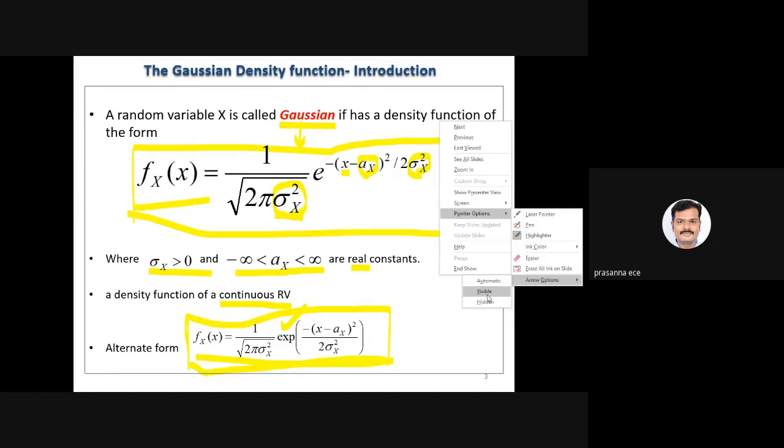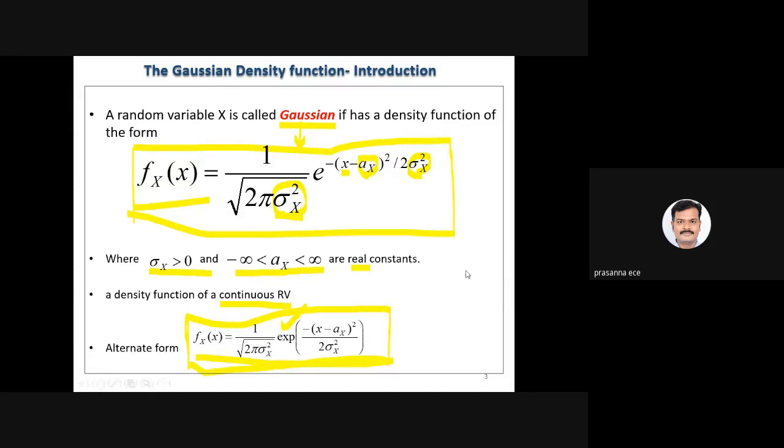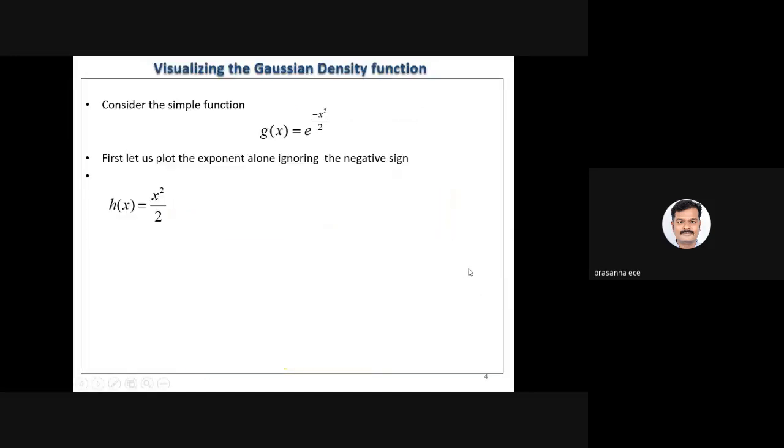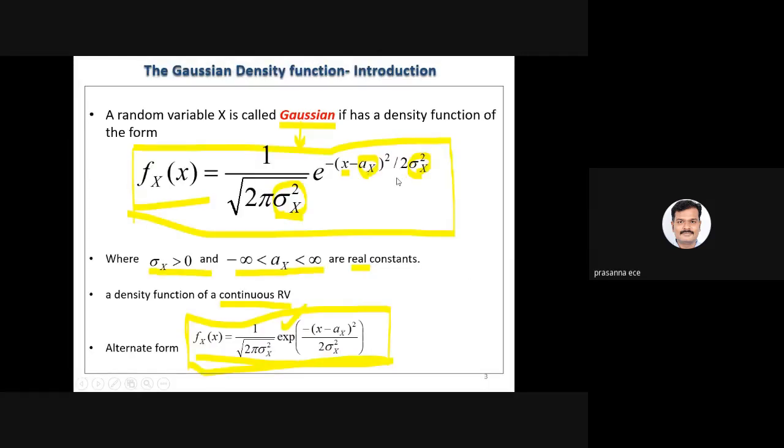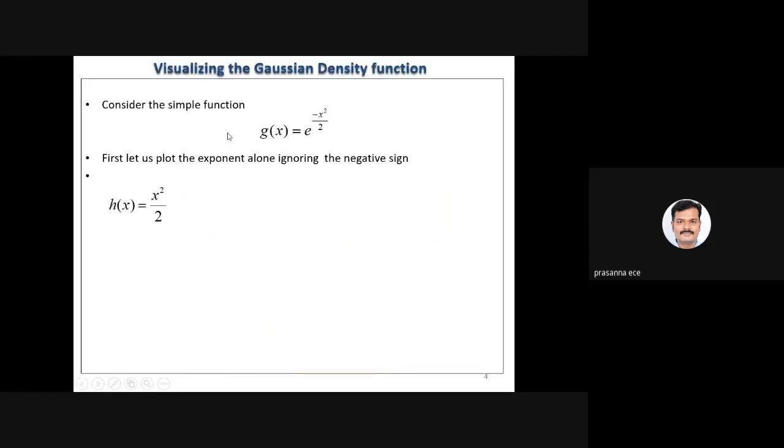In the previous slide it is a very complex function, so if we want to understand it, we have to understand it part by part. That is why I am showing this graph. We are considering a very simple function g(x), where g(x) is equal to e power minus x square by 2.